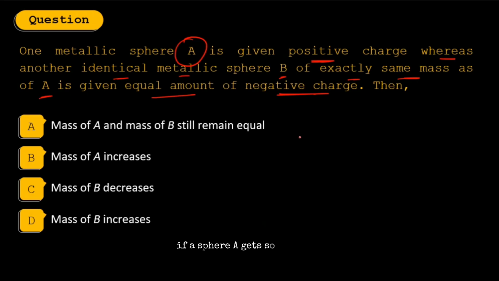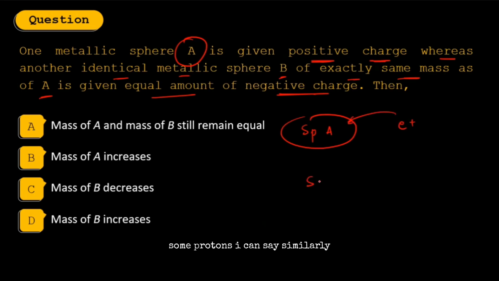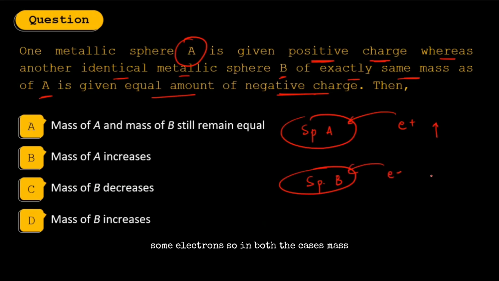If sphere A gets some charge, and that too positive, it must have gained some protons, I can say. Similarly, if sphere B gets some negative charge, we can say it must gain some electrons. So in both cases, the mass of both the spheres will increase. So we can say the mass of A and the mass of B will both increase. So the answer to this question is going to be B and D both are correct. That is what we need to understand here.